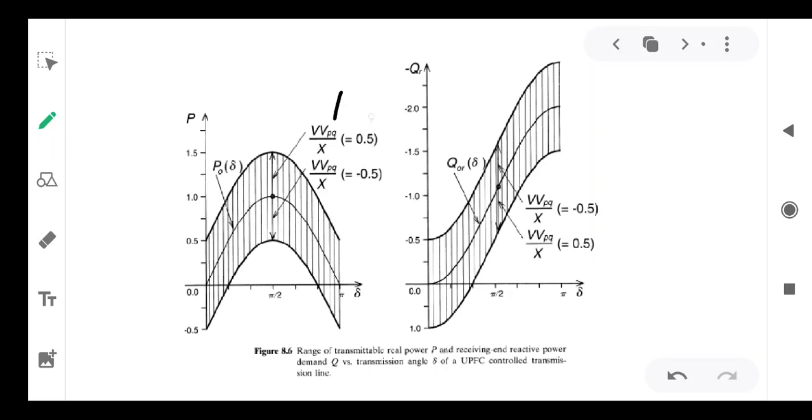The second one is minus 0.5. So the power flow can be controlled well below the reference value. When it is added on the positive side, the power flow is well above the reference value. The power can be exchanged with the converter.